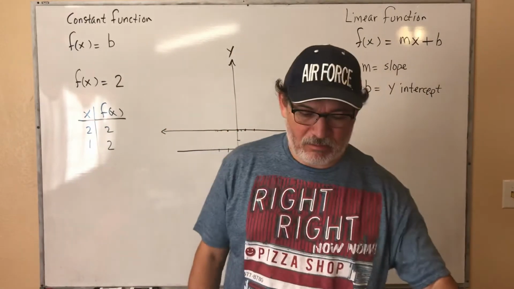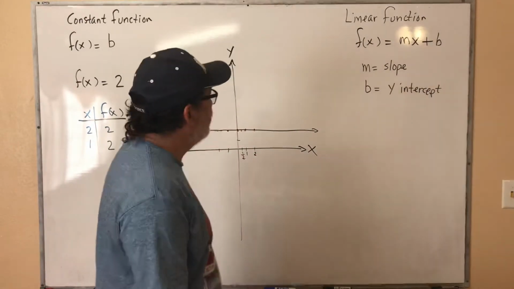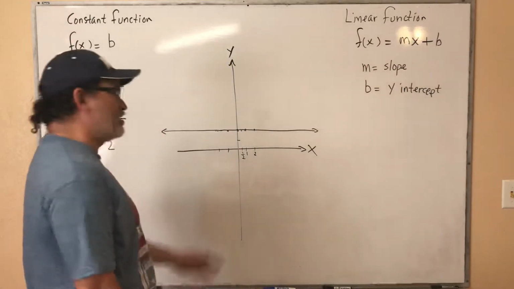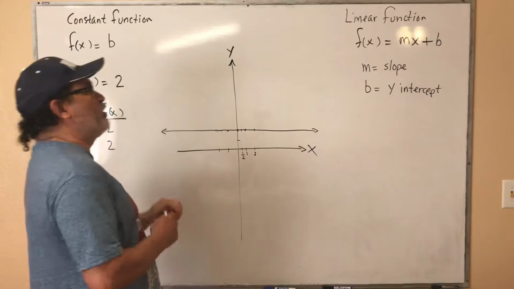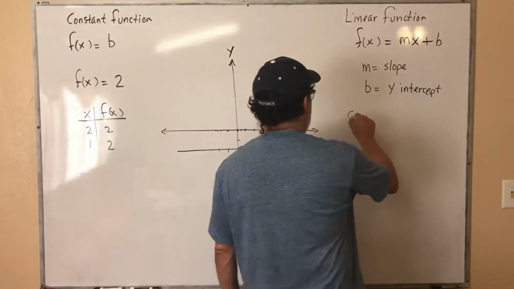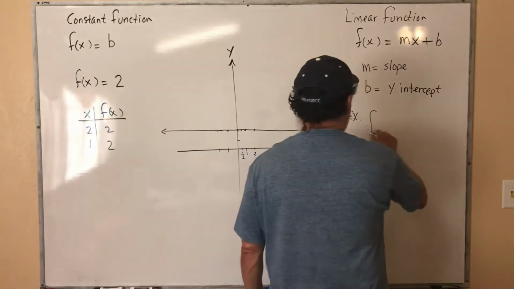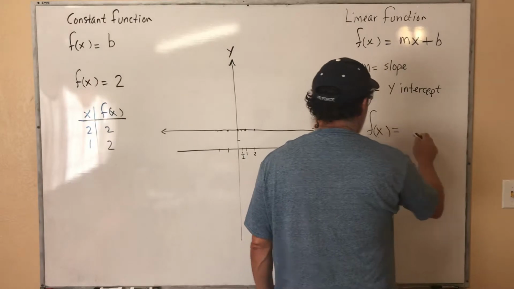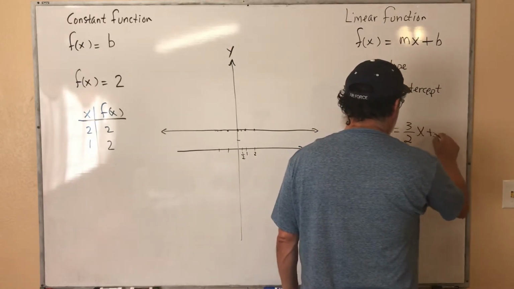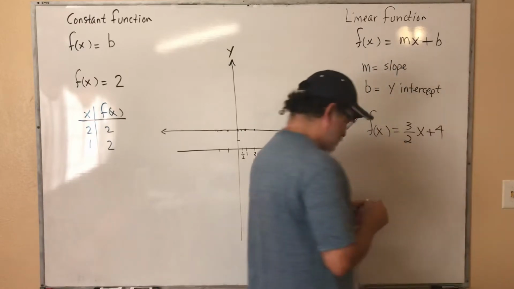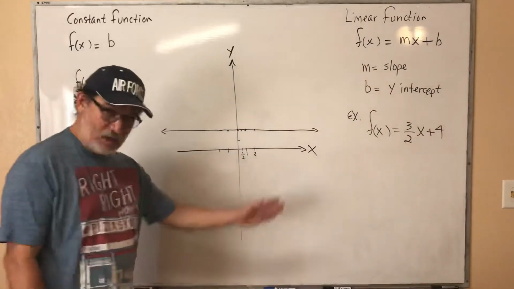All right. And so therefore, what's an example of a linear function? Here's an example. F of x equals 3 over 2x plus 4. Okay?